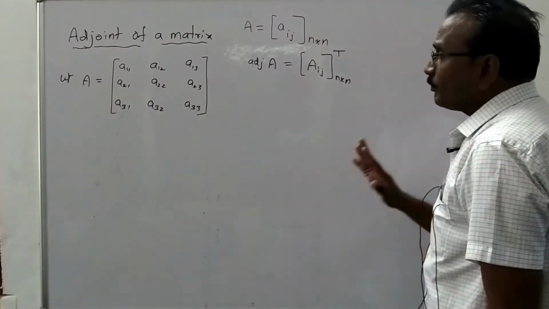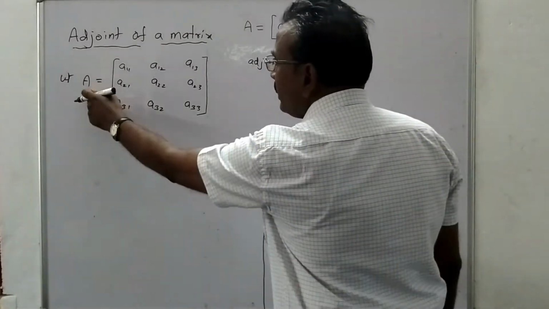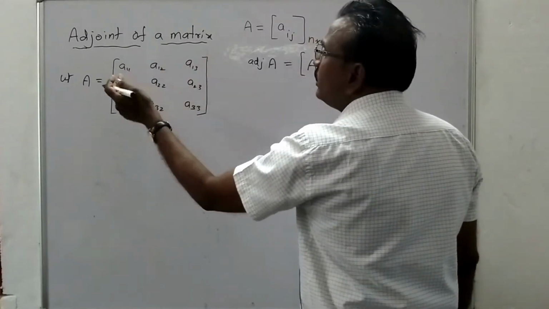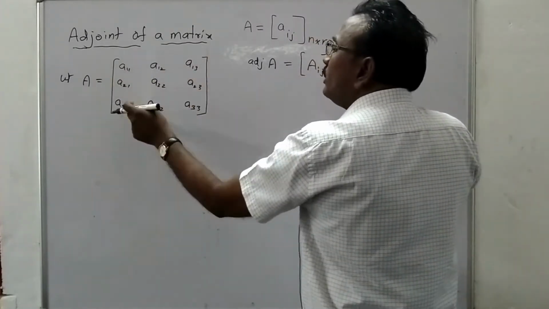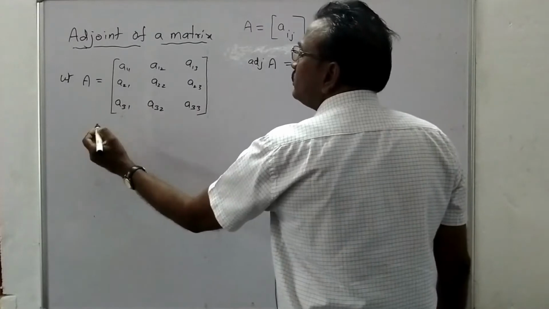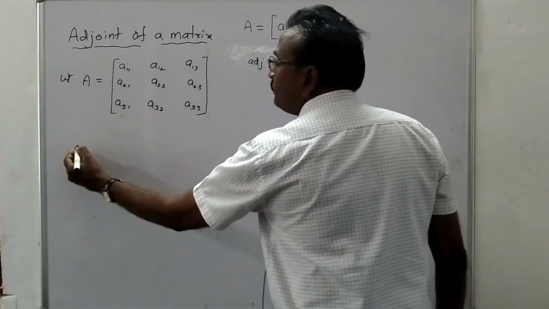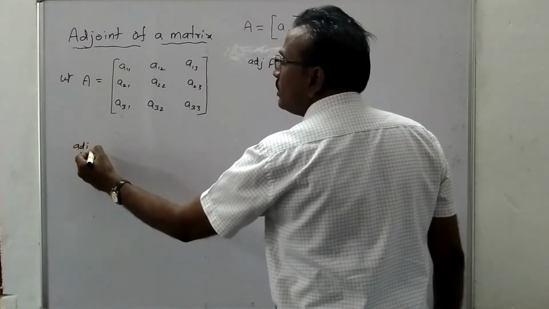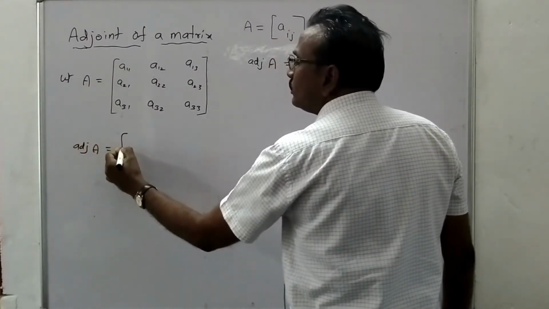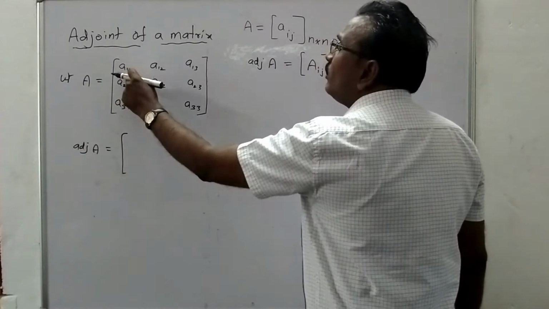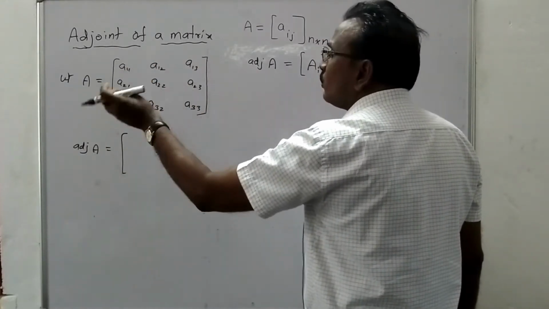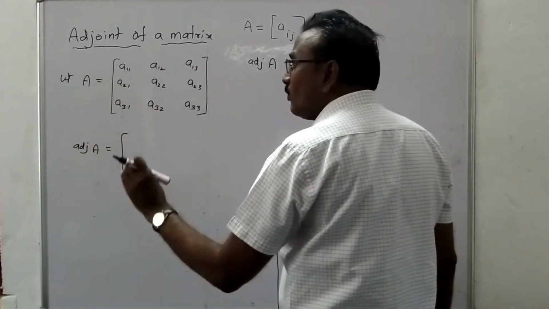For example, here A is the matrix with rows a11, a12, a13; a21, a22, a23; a31, a32, a33. Then the adjoint of A is denoted by Adj A, which is equal to the following. a11, a12, a13 are the first row elements. What are the corresponding cofactors?